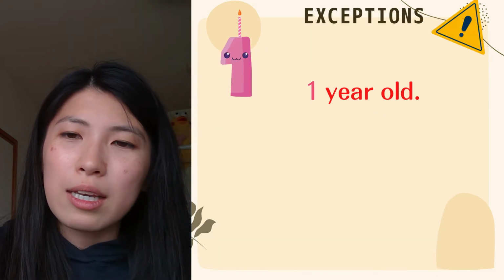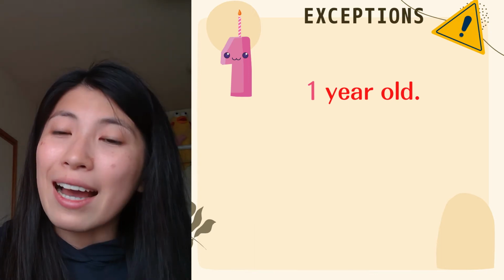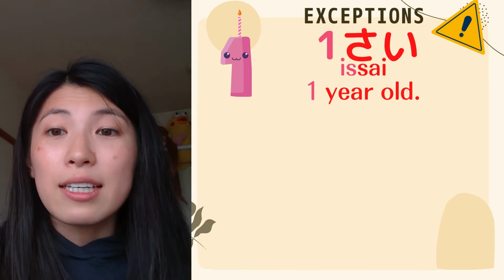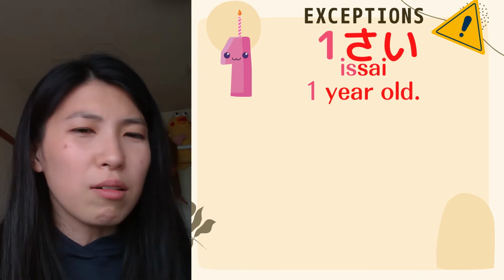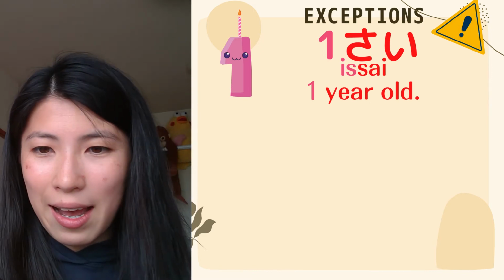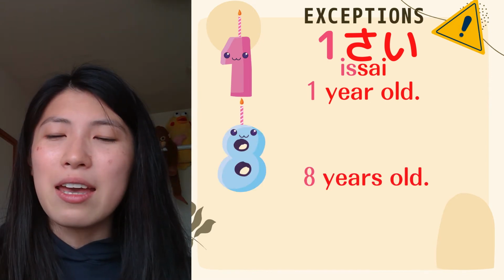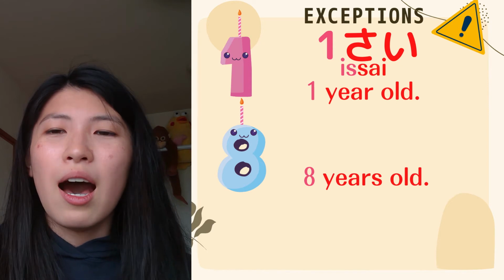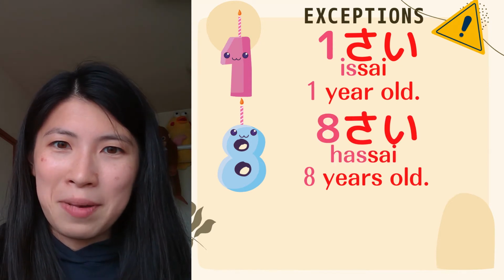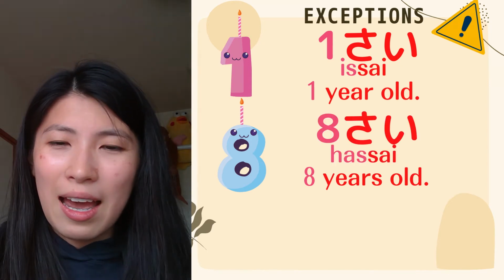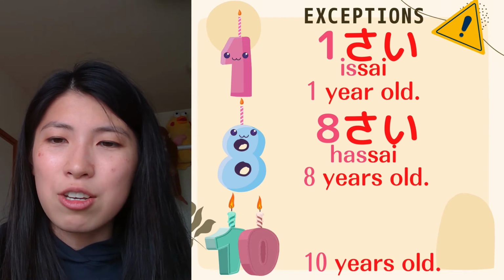The first one is 1 year old. We pronounce it 1歳 (いっさい), not いちさい. And 8 years old, we pronounce it 8歳 (はっさい). And the last one is 10 years old.